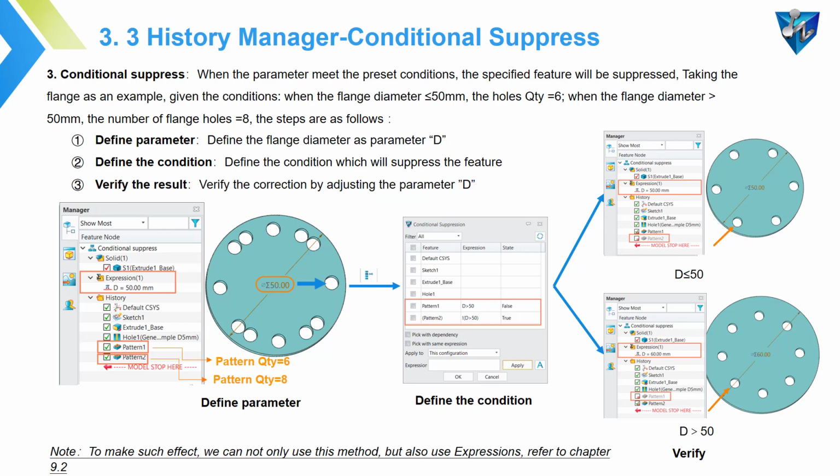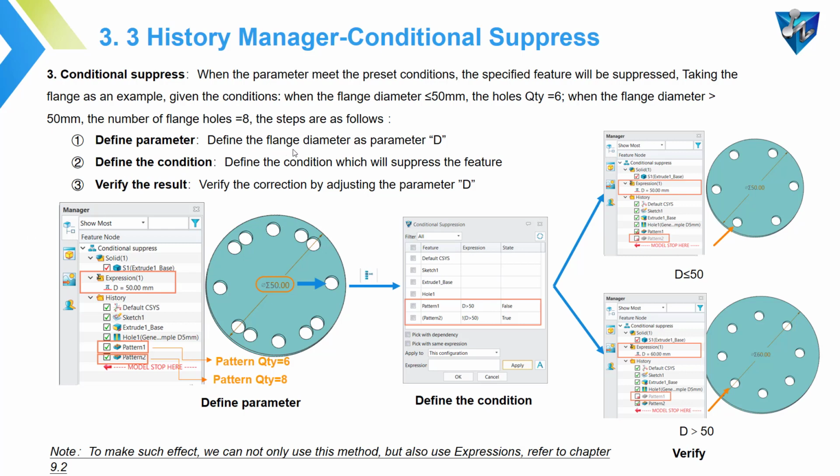When the flange diameter is less than or equal to 50 mm, the hole quantity will be 6. But when the flange diameter is bigger than 50 mm, the number of flange holes will be 8. So the steps are as follows.